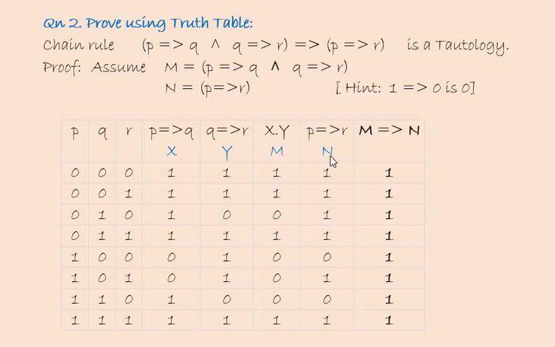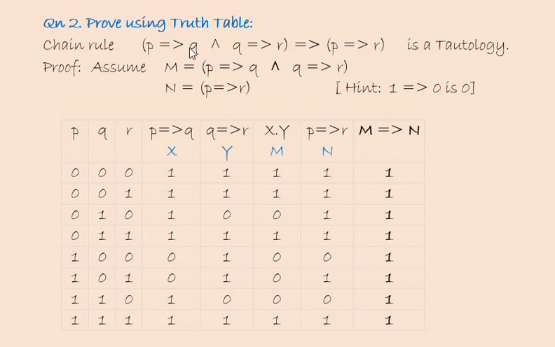M implies N, 0 implies 1 is allowed, 1 implies 1 is also allowed, and 0 implies 0 is also allowed. So 0 implies 0, 1 implies 1, 0 implies 1 are allowed. The only case which would have caused a 0 was a 1 here and a 0 there. Now you see, there is no such case and hence all of them are ending up becoming 1. Hence this is a forever true case.